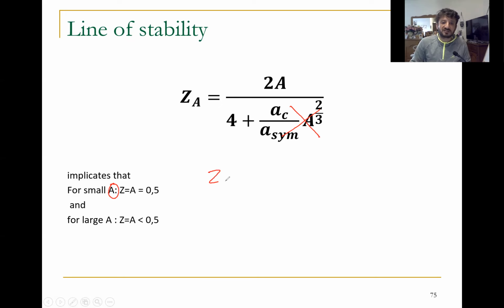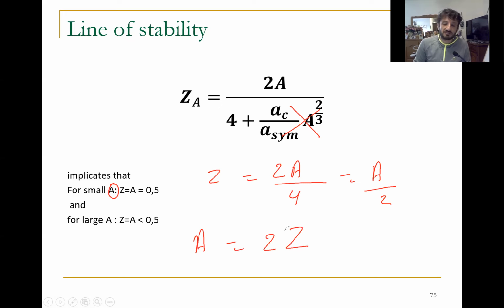So we get Z equals 2A divided by 4 equals A divided by 2. So A equals 2Z. It means here N equals Z.